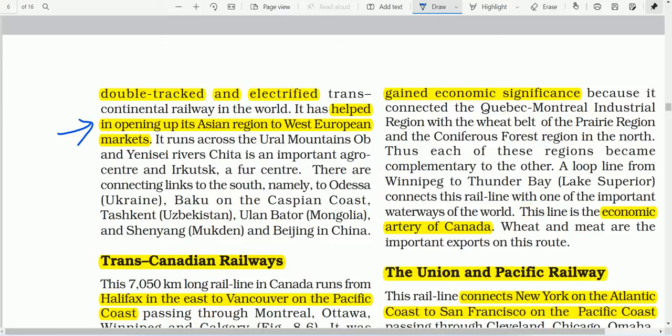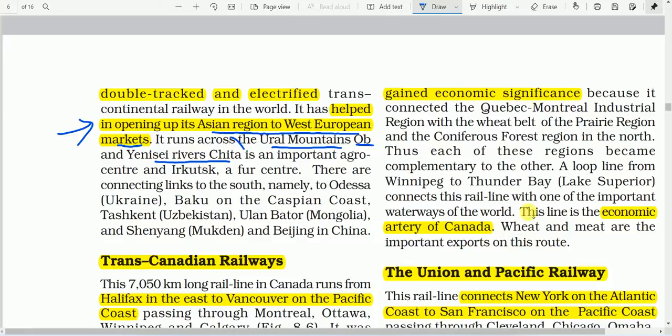It has helped in the opening of the Asian region to the West European markets because of this railway network. It runs across the Ural Mountains, and the Obi and Yenisei rivers.